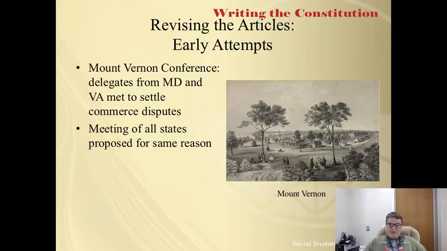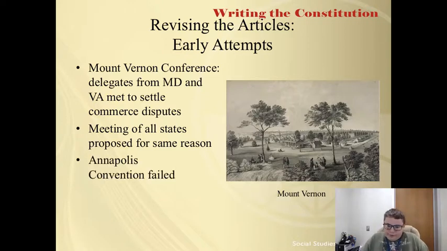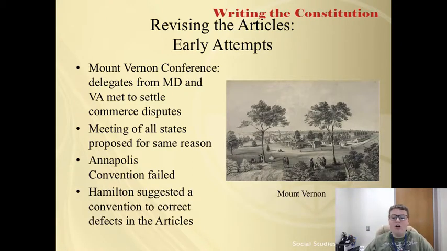However, one of the delegates did attend. Alexander Hamilton proposed a following meeting in Philadelphia in order to correct problems in the Articles of Confederation themselves. The Annapolis delegates supported Hamilton's proposal, and the Continental Congress quickly approved.